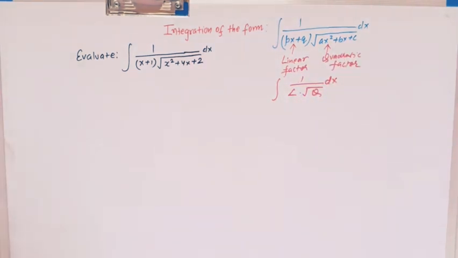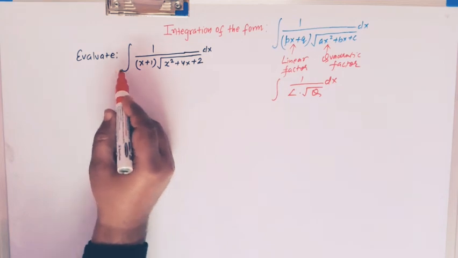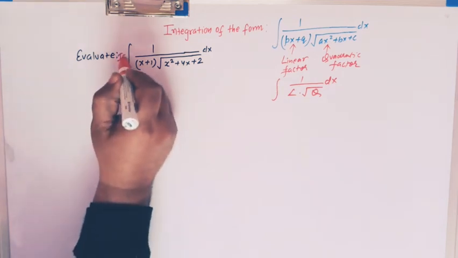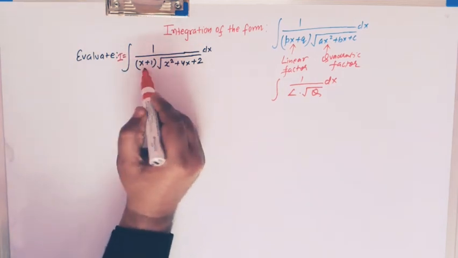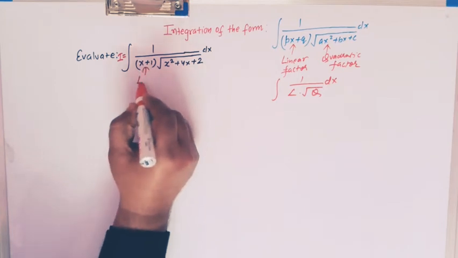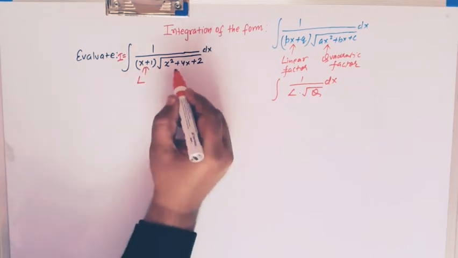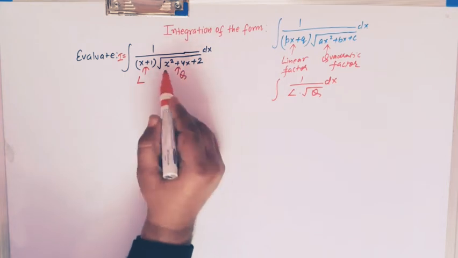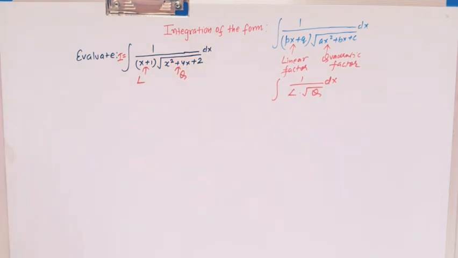So let us start. Here we have one problem, and here we have the linear factor as x plus 1 and the quadratic factor as x square plus 4x plus 2. Now here again we'll take the help of the substitution method.